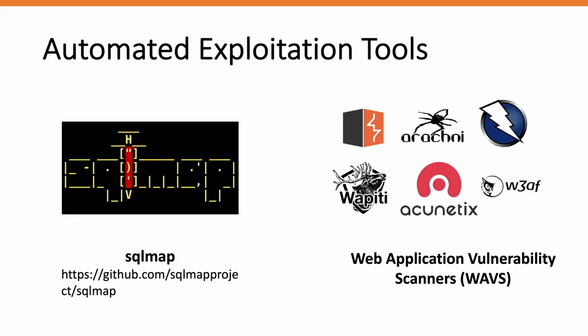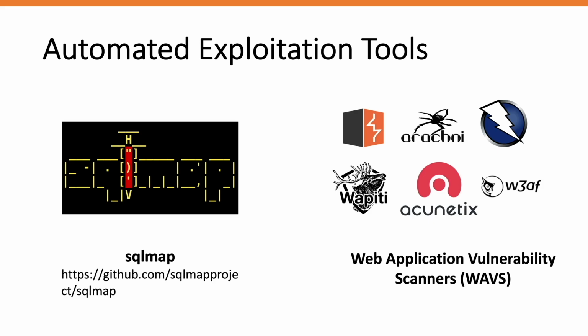Other tools that you could use, which are more for detection versus actually exploiting it to achieve your end goal, are web application vulnerability scanners. We talked quite a bit about these in this video. They're scanners that crawl the application and look for vulnerabilities. So not just SQL injection vulnerabilities, they look for all types of vulnerabilities in an application, and they usually report it as a vulnerability. They don't actually go all the way to exploiting it to get a shell on the system or to dump usernames and passwords.